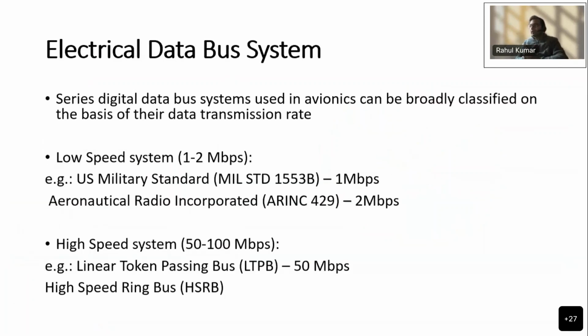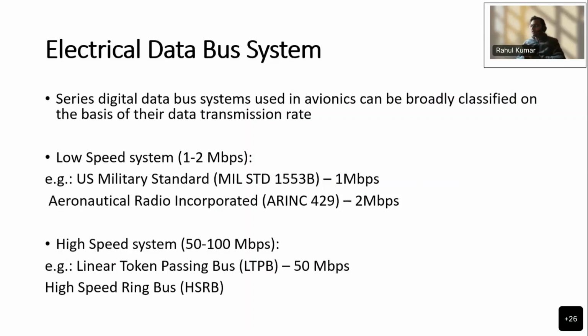Okay. Now, electrical data bus system. Serial digital data bus systems in avionics are mainly classified on the basis of their speed or data transmission rate.